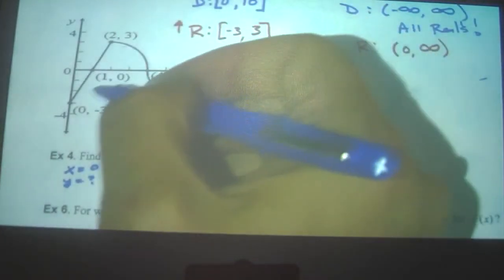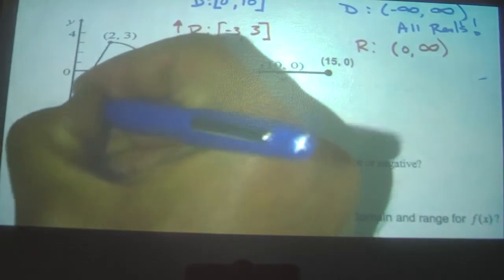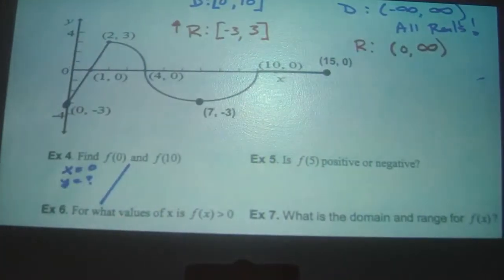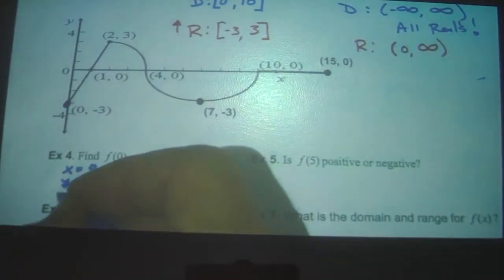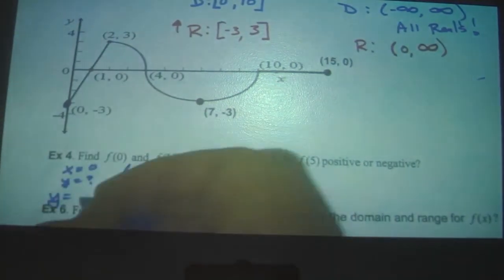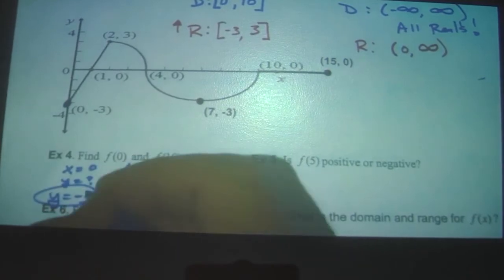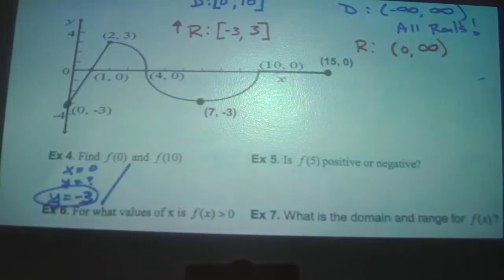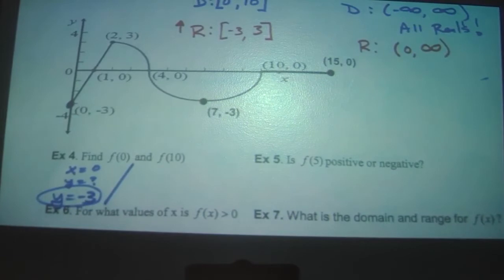Oh, right there. There's the treasure. What's in the box? What's the y value? Boom. And that's the answer. So f of 0 is -3. They were asking for the y value.